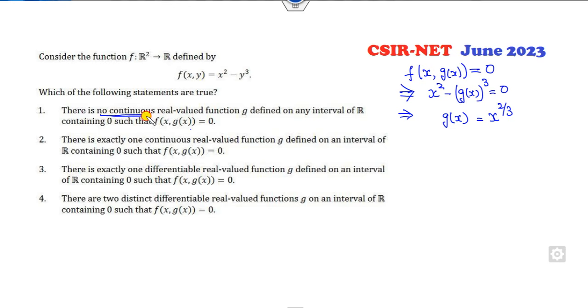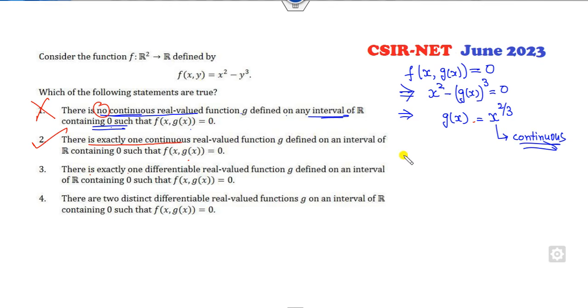The option says there is no continuous real valued function g on any interval of R containing 0. But you can see this is a continuous function. So he said there is none, this option is cancelled. There exists one continuous function, so it is a correct option.